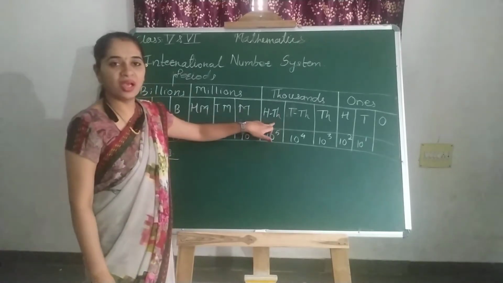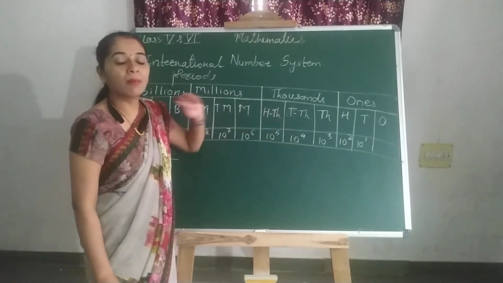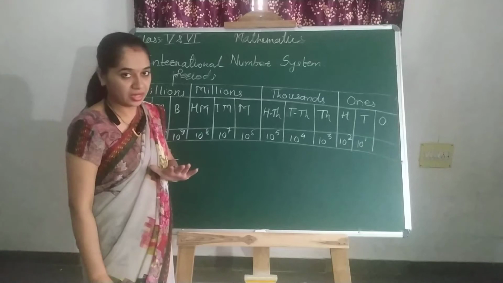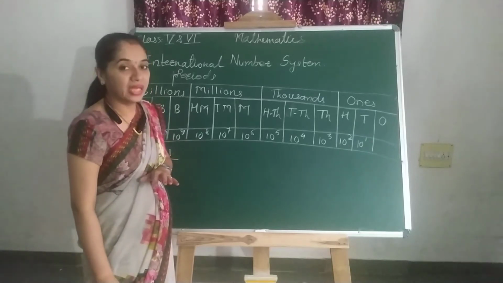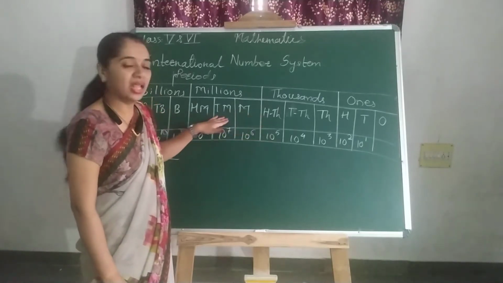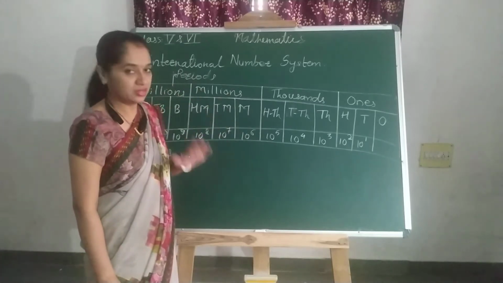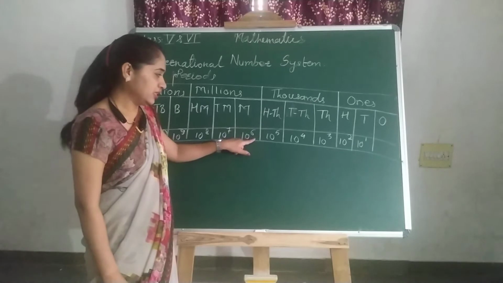These places help you to find the place value of any particular number. Clear? See what I am telling? These places help you to find the place value of any particular number.